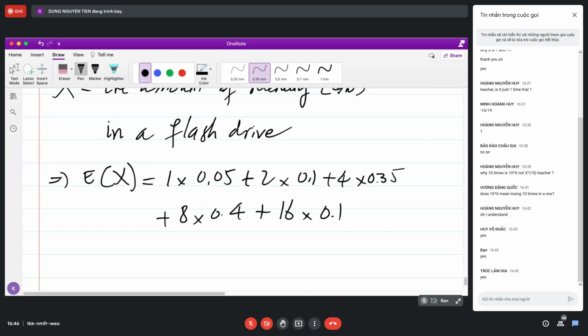Okay. All right. So that is the case when you get a discrete random variable. What if you have a continuous random variable? What if you have a continuous random variable?